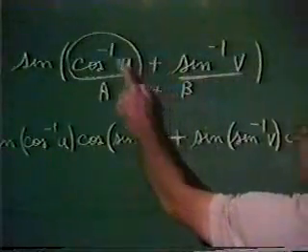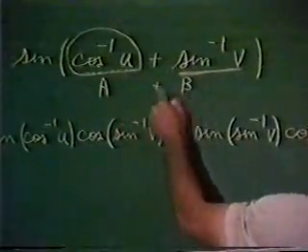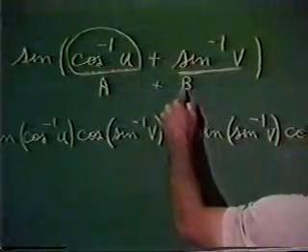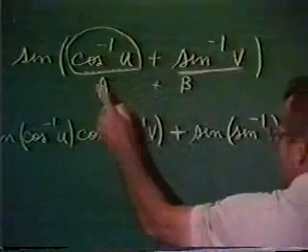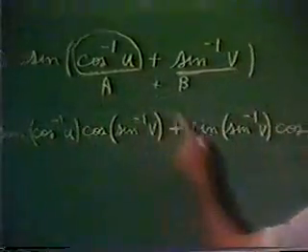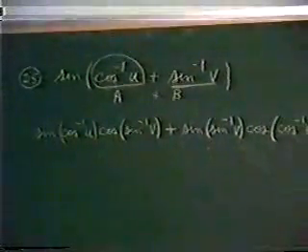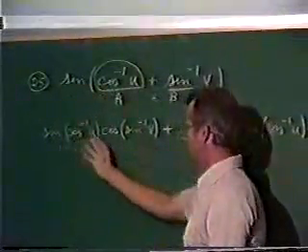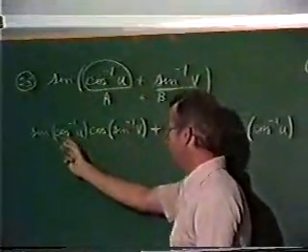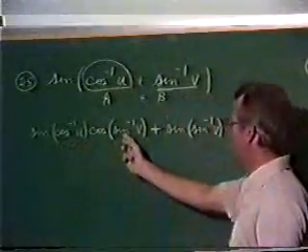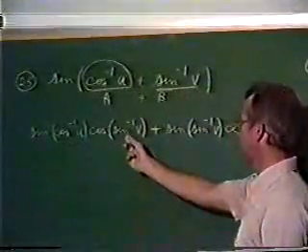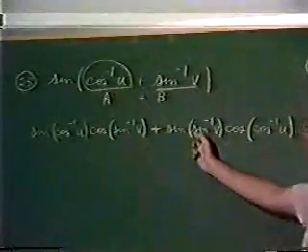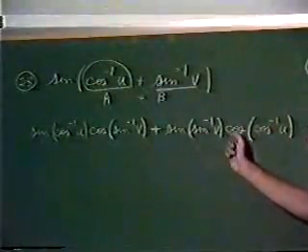And the way you work the sine of A plus or minus B is back to chapter 7, the sum and difference formulas. So it's the sine, cosine, sine, cosine. It's the sine of the first angle, there it is in parentheses, that's A, cosine of the second angle, that's B, plus sine of the second angle, that's B, cosine of the first angle.